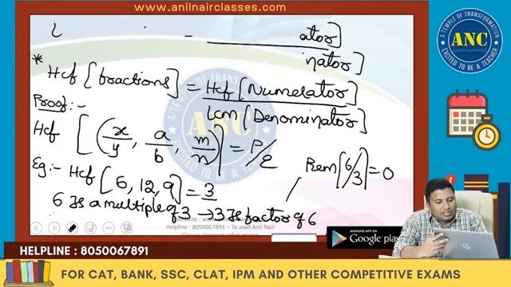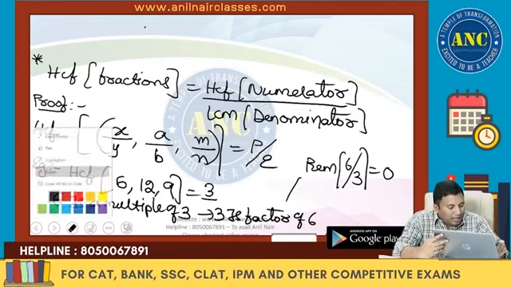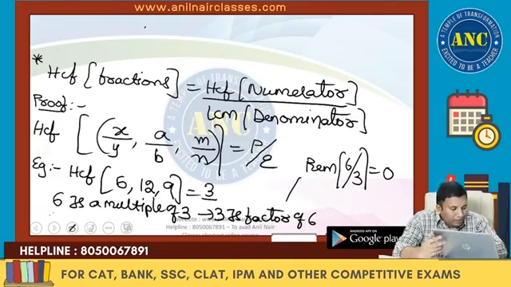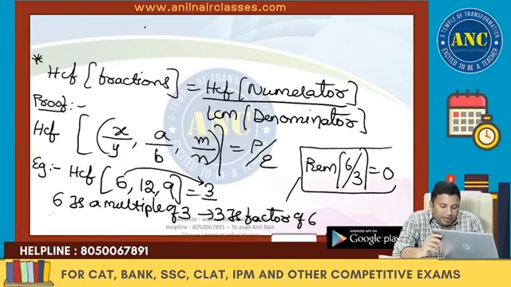Listen carefully, sir. Otherwise you will mug up. Why is the HCF of fractions the HCF of numerator by LCM of denominator? Proof. HCF of 6, 12 and 9 is 3. That means 6 is a multiple of 3, so 6 divided by 3 leaves remainder 0.